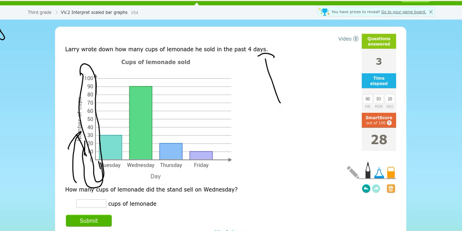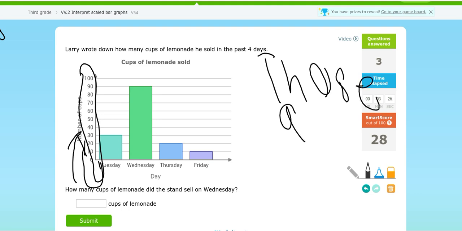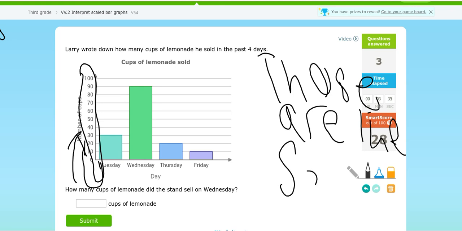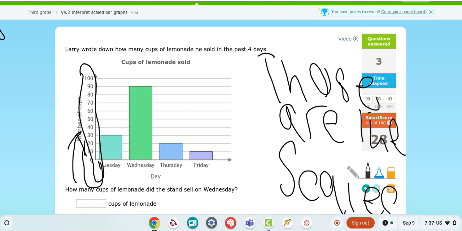Those are the scales. Those are the scales.